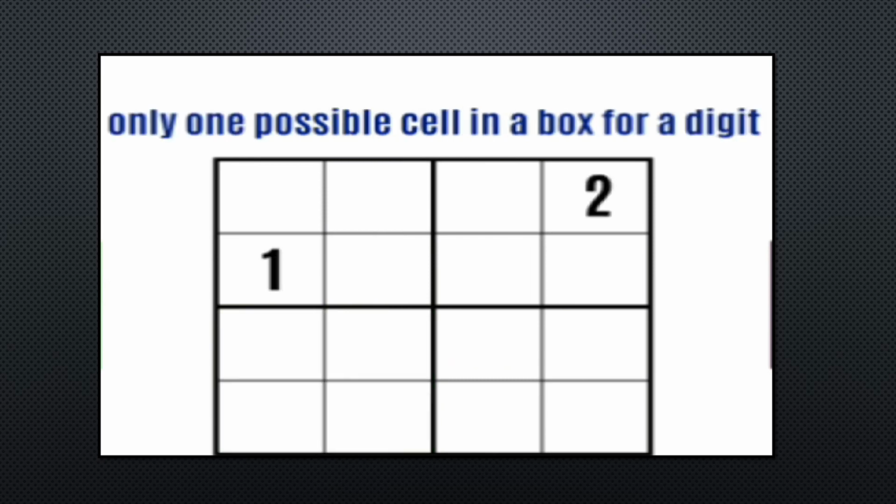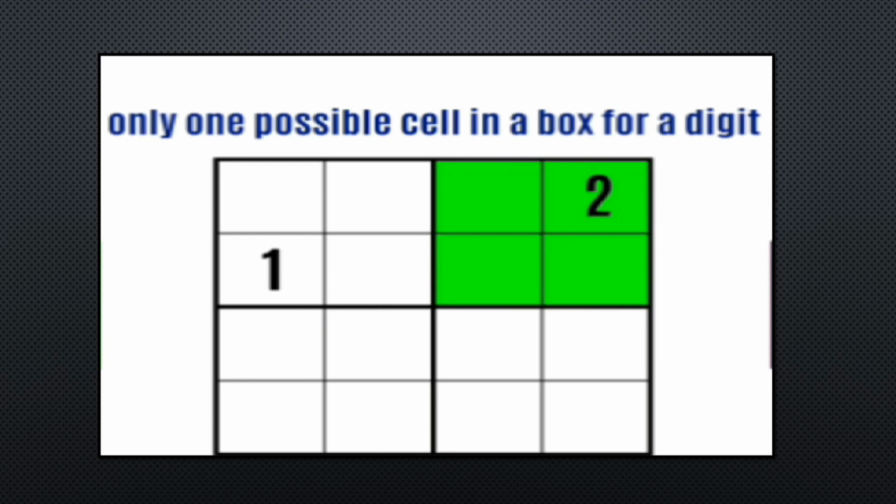Let us take another example. You can see 1 and 2 on the adjacent boxes. We will draw an imaginary line over the cells where we cannot enter the specific digits. As you can see in the picture, 1 is there and 2 is there. So let us draw an imaginary line from 2.